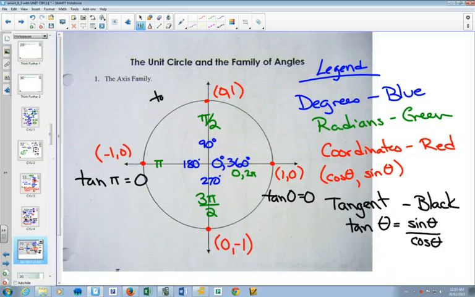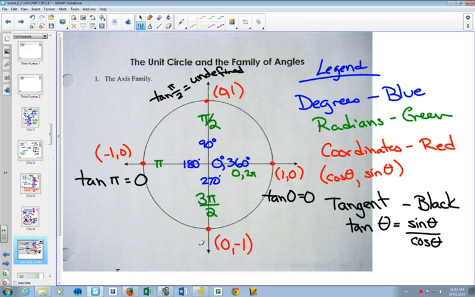What happens when I do tan of pi over 2? I would get 1 divided by 0. Uh-oh. That's not good, right? So what we write is undefined. It's not possible because you can't divide by 0.